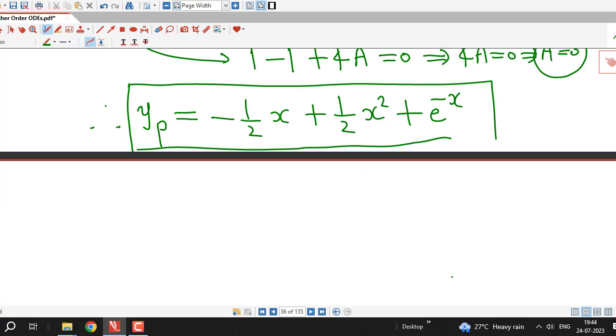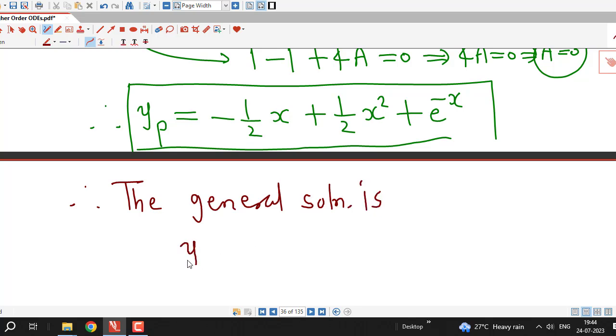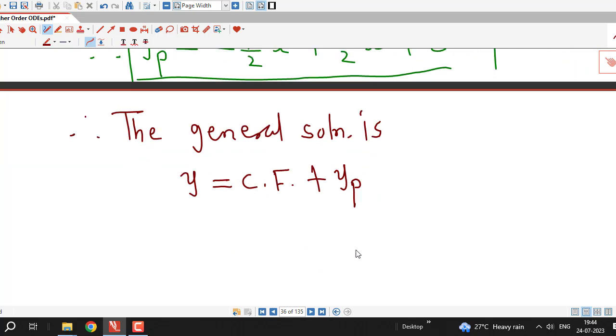And once we obtain the particular solution, next step is to write down the general solution, and it is nothing but addition of complementary function and particular solution. It is y equal to complementary function plus particular solution.